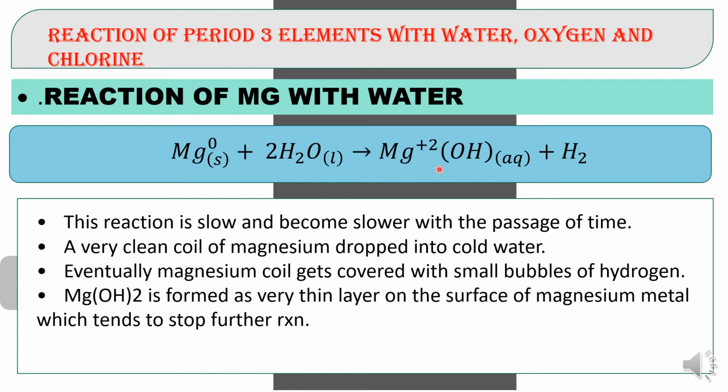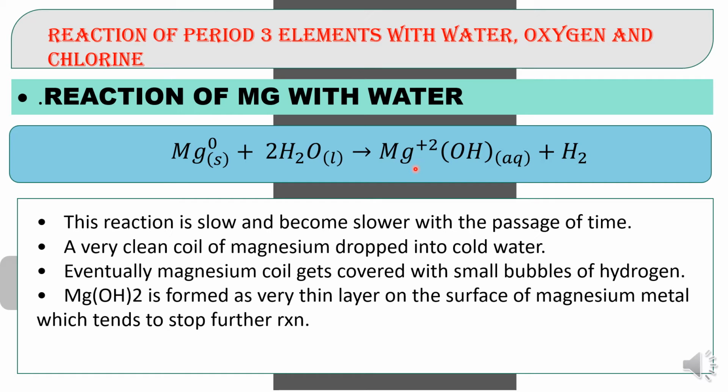So now the production of more magnesium hydroxide will not dissolve in water. Okay, and magnesium hydroxide which is not dissolved in water will now deposit on the surface of magnesium metal. Okay, so the metal surface will be covered due to deposition of magnesium hydroxide on the surface of metal, and the reaction will slow down.